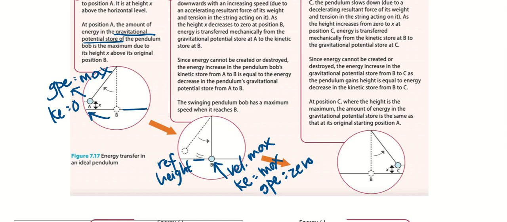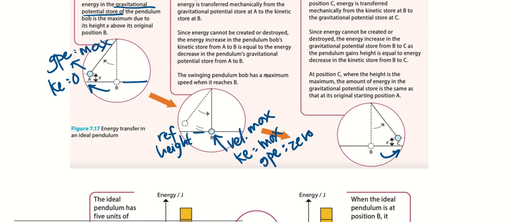Since it's ideal, it will swing back up to C with the same height of x. At C, the height is maximum, so the gravitational potential energy is maximum.